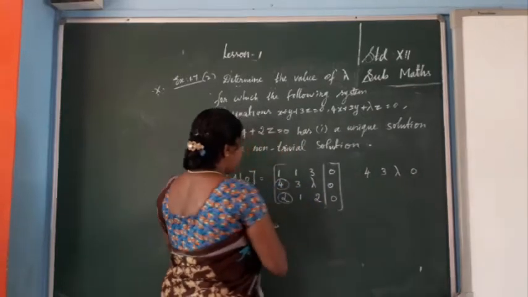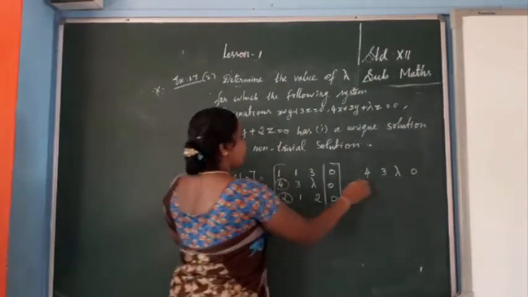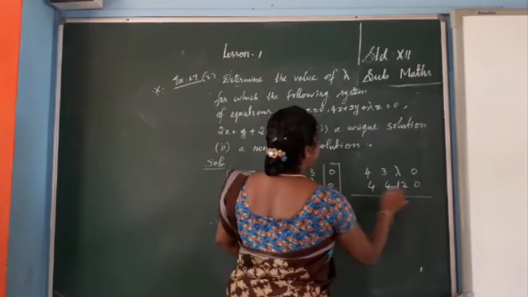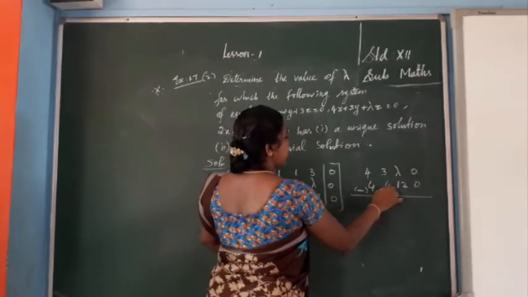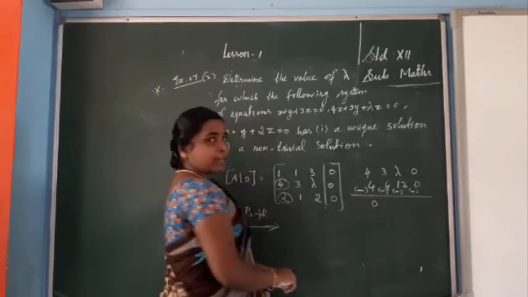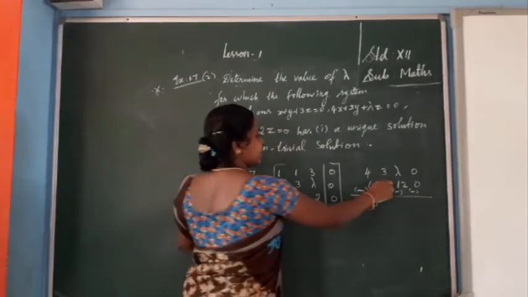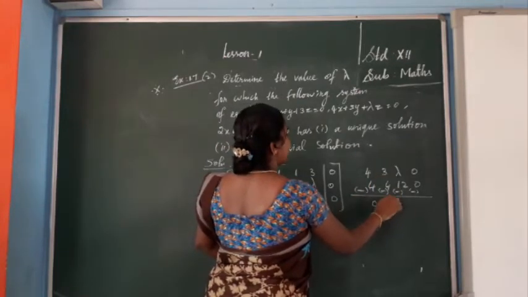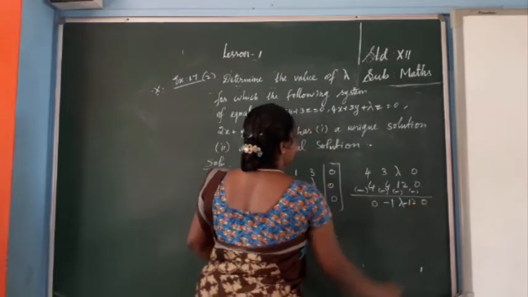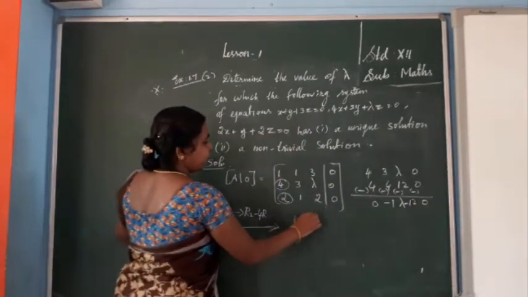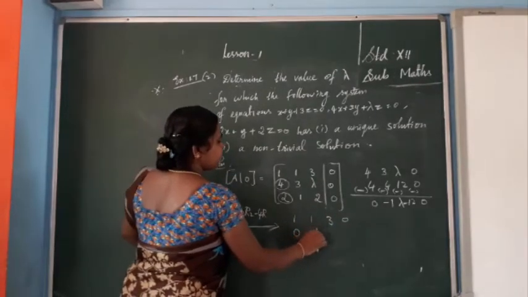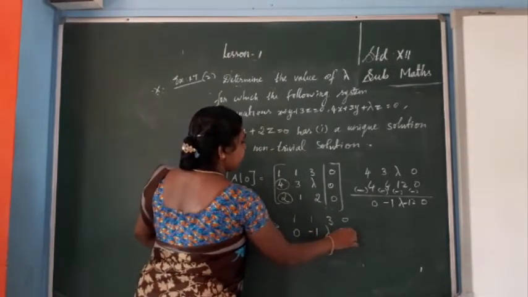Next, R1 multiplied by 4 gives 4 12 12 0. Now you subtract: 4 minus 4 is 0, 3 minus 4 is minus 1, lambda minus 12, 0. What we got: first row is 1 1 3 0, second row is 0 minus 1 lambda minus 12 0.